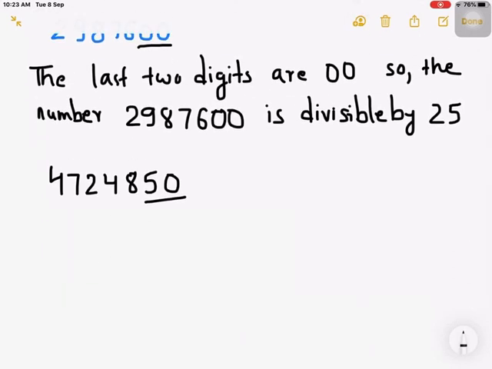We have to do division. We have to divide 50 by 25. 25 ones are 25, 25 twos are 50, isn't it?